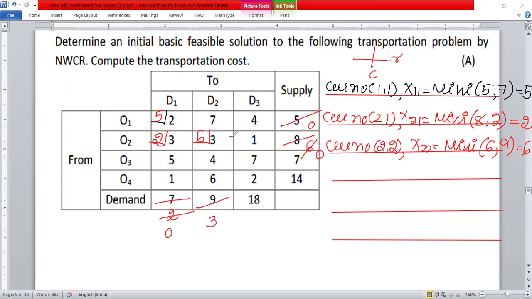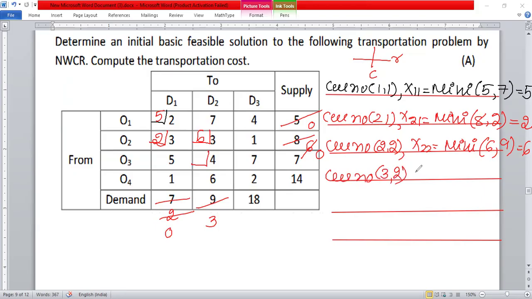Now row 0 has happened, we'll move on to column. What is the cell number? Cell number 3, 2.